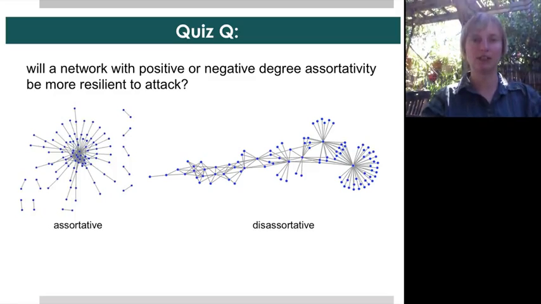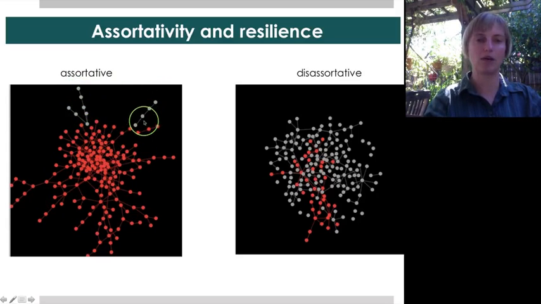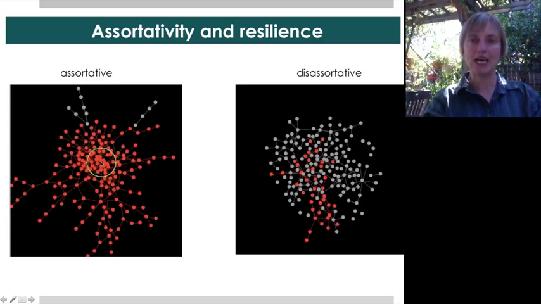Going back to our presentation, hopefully what you saw was that in the case of assortative mixing, there was very little impact. We disconnected these parts of the network, but in general, there was so much redundancy in that central core that we didn't actually end up breaking up the network.